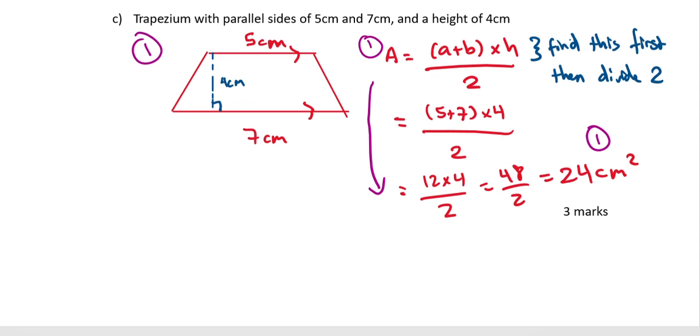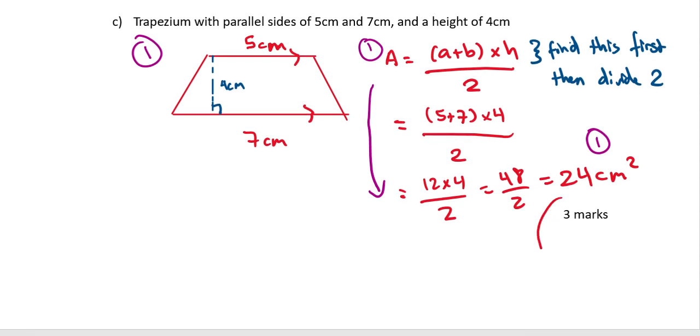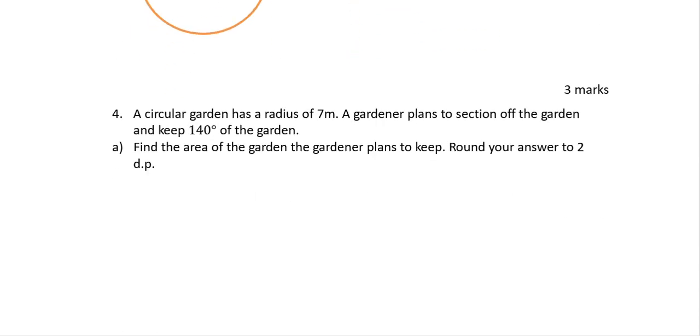And over here, it says 24. Just bring that down. 24.00 centimeters squared. Okay. Now, obviously, you'll have more room to work with, so you should be fine. Let's just carry on.